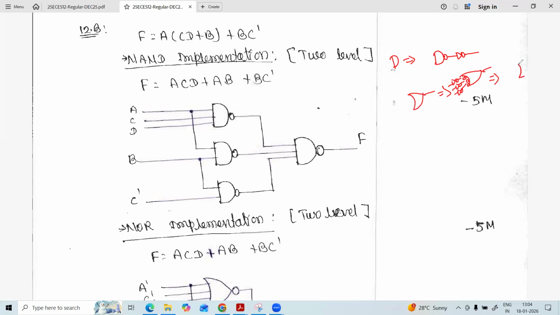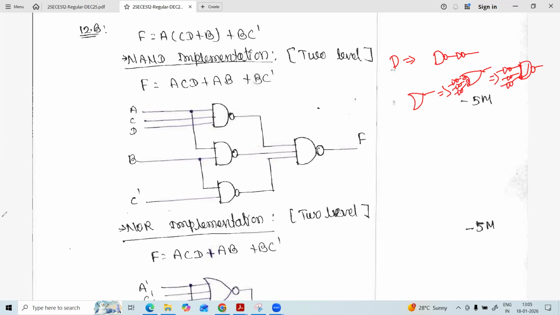So finally it will become the NAND gates, and if an inverter is required, we'll keep it on the particular line if we don't have an even number of inverters. On the basis of that, it is written here. When we have a single literal, that literal comes here as the complement, which you can verify step by step.